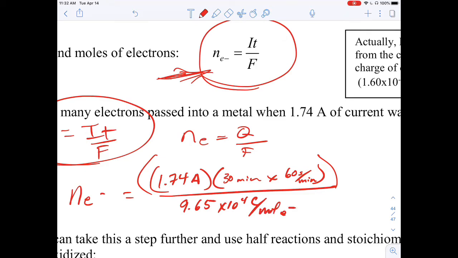So when you're putting this into your calculator, you really want to make sure that you have your order of operations correct, because this whole thing is what you're dividing by.